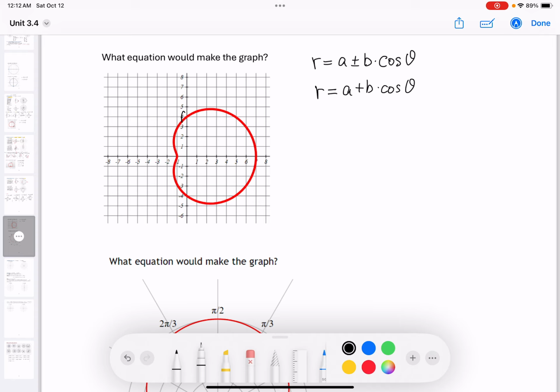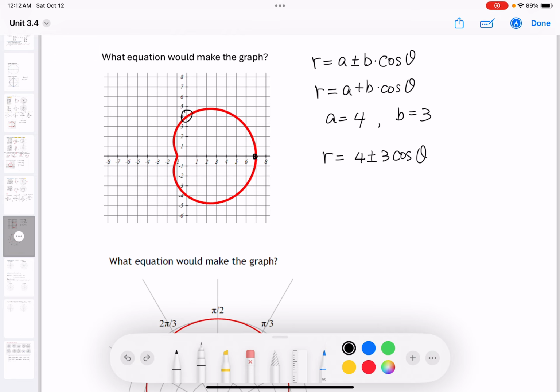And a is 4, a plus b is equal to 7, so b must be 3. So b is equal to 3. r is equal to 4 plus 3 cosine theta. Yes, a is greater than b.